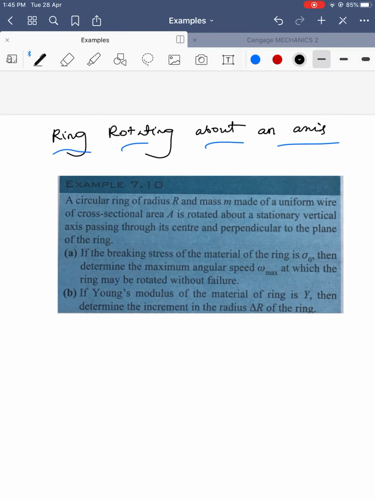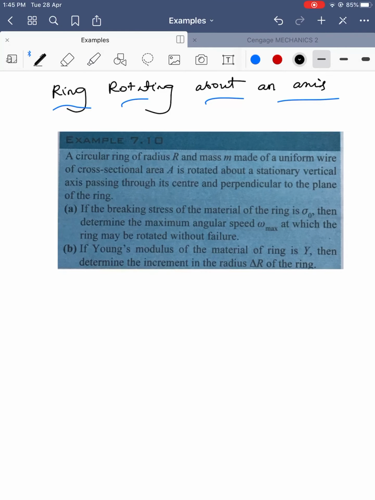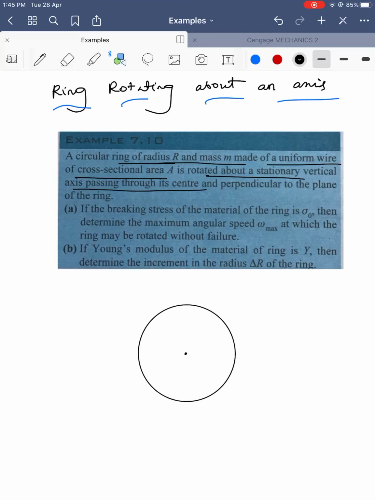Ring rotating with angular velocity. Okay, let's see. A circular ring of radius R and mass m, made of uniform wire of cross-section area A, is rotated about a stationary vertical axis passing through its center and perpendicular to the plane of the ring. When reading the question, be attentive. First draw the circular ring.